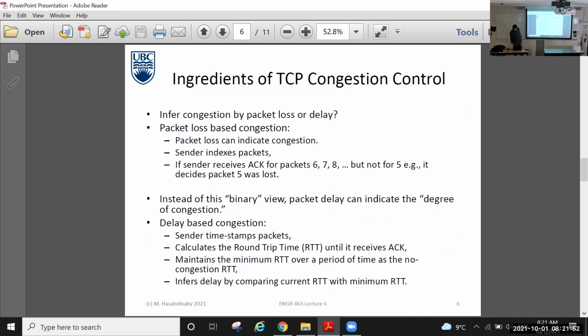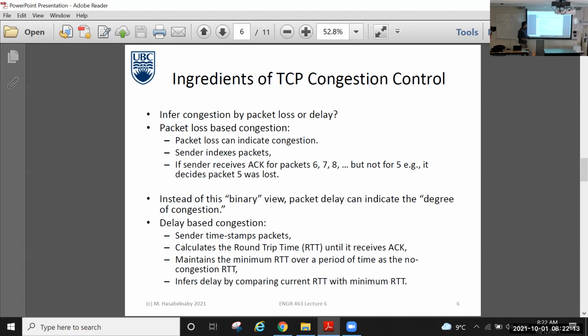Okay, perfect. As I told you, we can define congestion by packet loss or by delay. We have packet loss based congestion protocols and we have delay based congestion protocols.